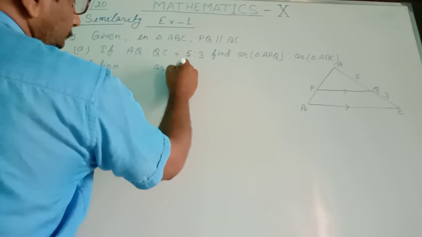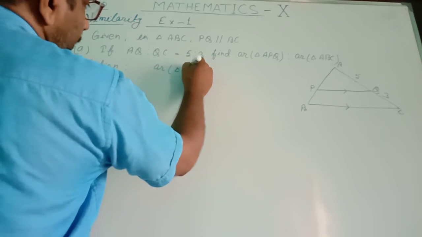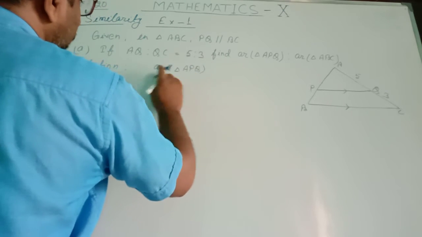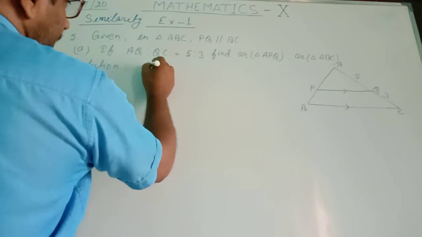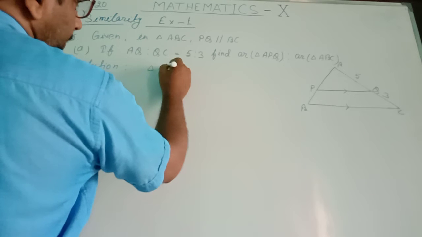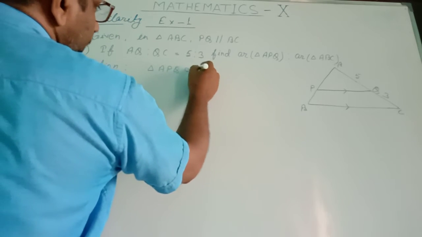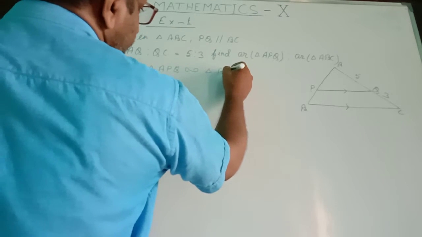Area of triangle APQ, as this is parallel, so first of all we'll write triangle APQ is similar to triangle ABC.